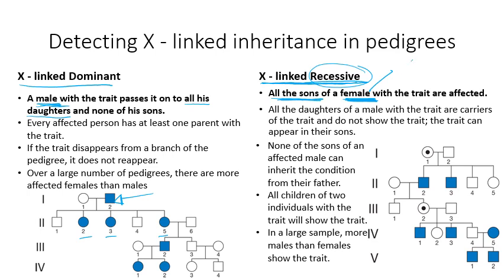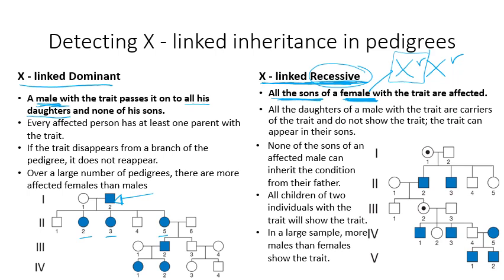So that means the female would be X little r, and the only thing she can pass on to her son would be an X little r, and we know the son would have to inherit the Y chromosome from the dad. So the sons of an affected female, when we're looking at a recessive X-linked trait, will always be affected.